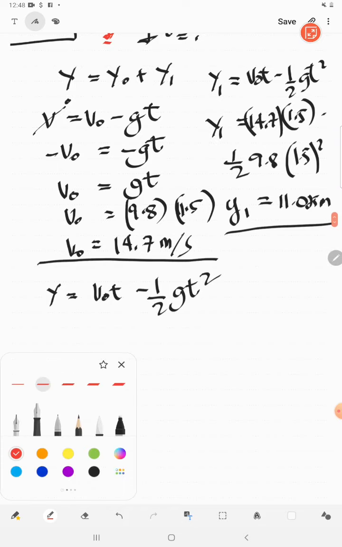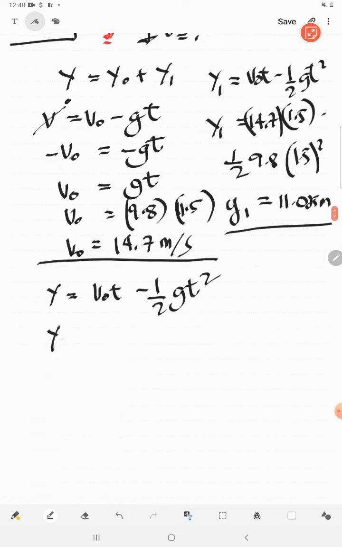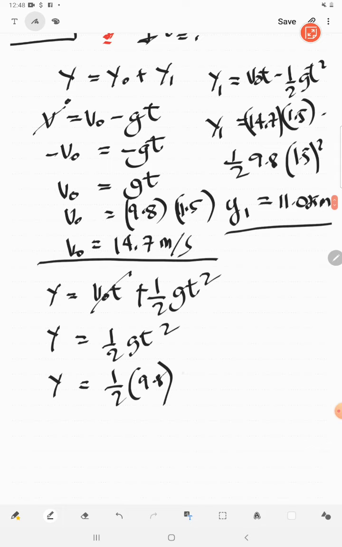So from our equation, our y is simply equal to V naught T, which will cancel. This will now become plus because it is going down. So y equals 1 half GT squared. So y is simply equal to 1 half, G is 9.8, times T equals 2.7 squared.